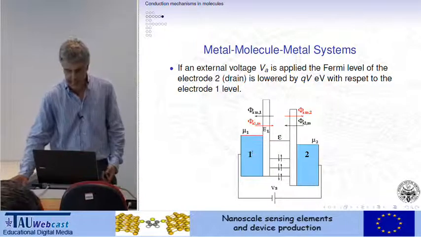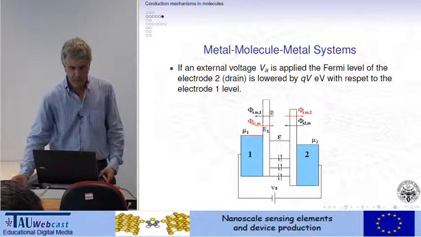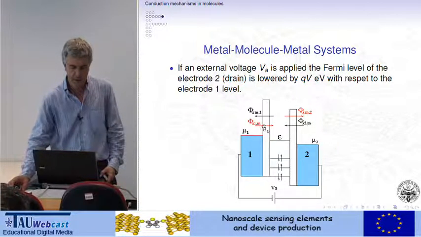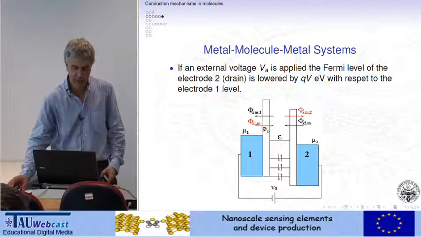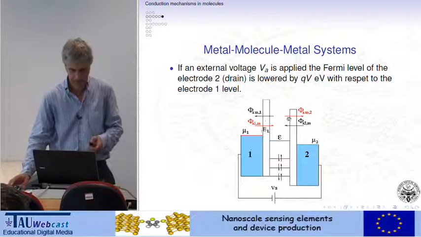The idea is probably this flux is not zero, because you know that statistically some electron will pass from the molecule to electrode 1 and from the electrode 2 to the molecule, but the balance now is not zero, because the balance now is dominated by these two contributions.